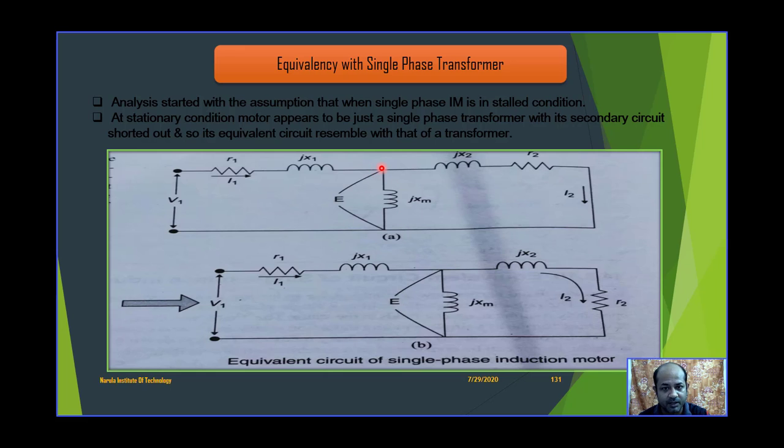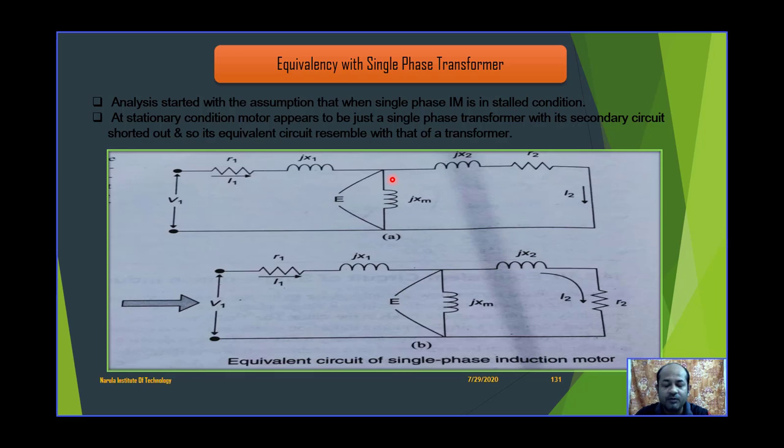Only the series branches exist because it is shorted, so the whole current passes through the secondary terminal, and no current passes through the shunt admittance or shunt resistance branch. But in the single phase induction motor, there is a jXM reactance branch present to represent the magnetizing current of the single phase induction motor.